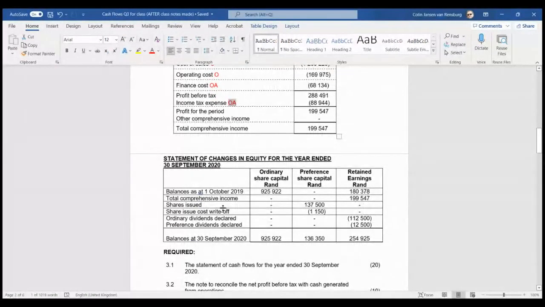So now we get to the next one, shares issued. So they've issued shares during the course of the year. What kind of activity would that represent? The issue of shares. Financing. Thank you, Nkobile and Langa.